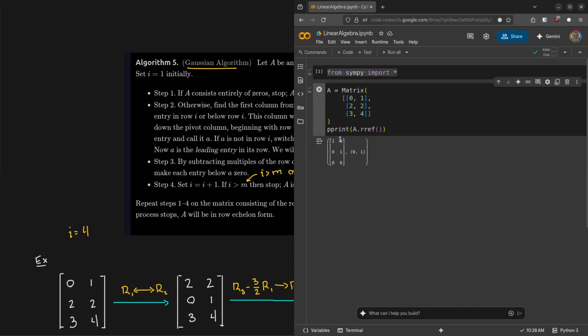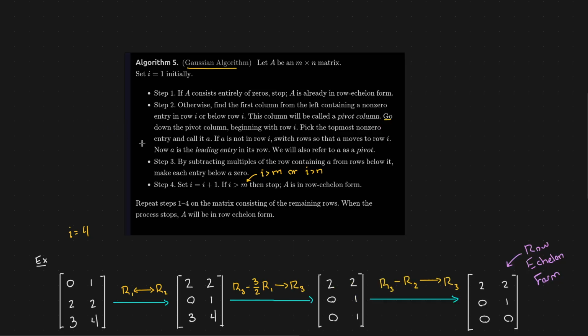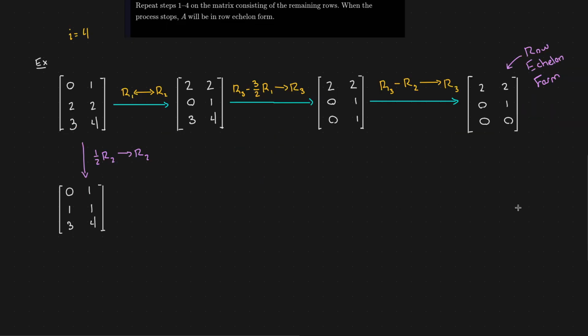So it gives me the reduced row echelon form of the matrix. It also gives me some other information here, which we don't need to know right now. Okay, but this part right here on the left side, that's the reduced row echelon form of the matrix. And if we were to continue reducing this, let me just copy it again, we could see we would get the same reduced row echelon form.